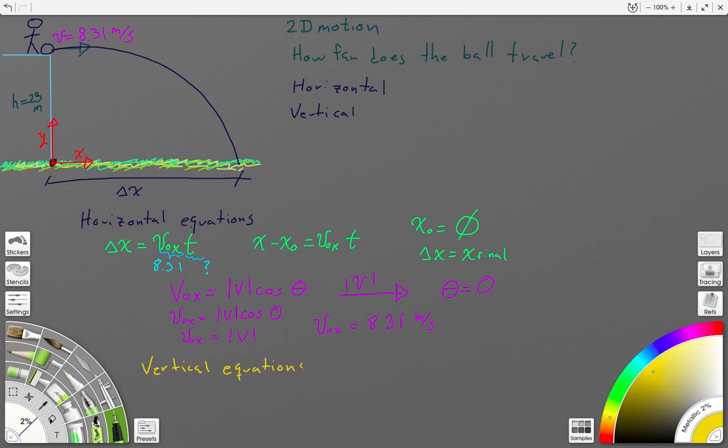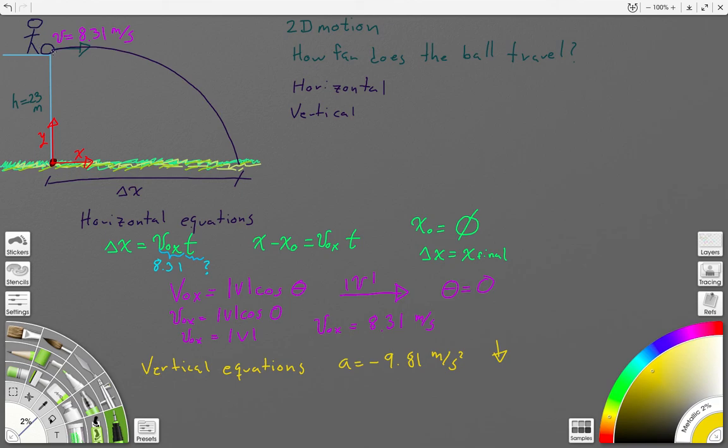In the vertical movement, we do have some acceleration, and this is the value for our acceleration. The sign implies that it goes in this direction because we established the positive y direction to be upwards. Therefore, my acceleration should be negative because it's going downwards.